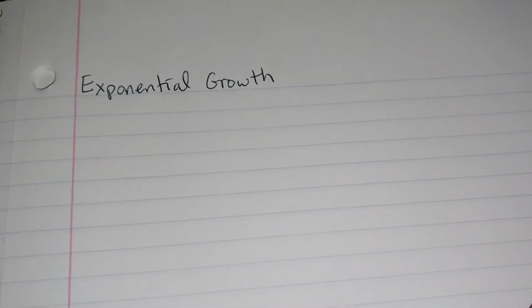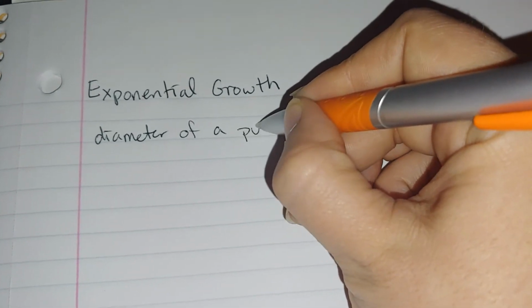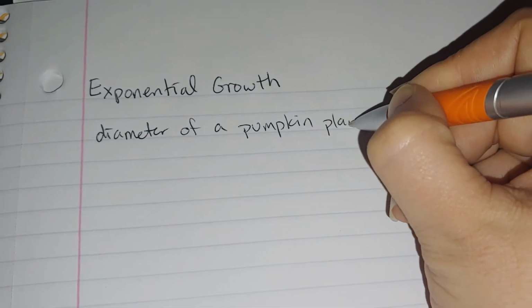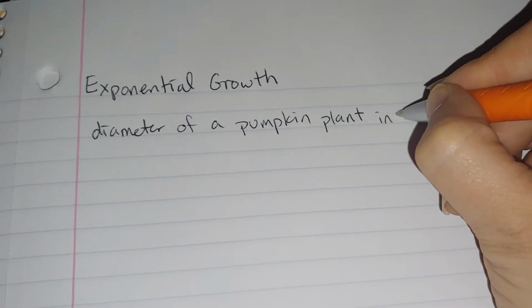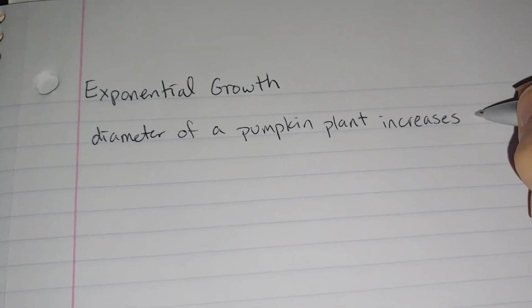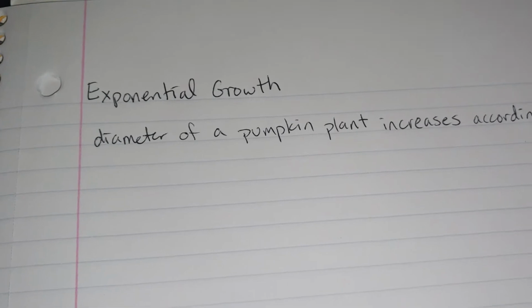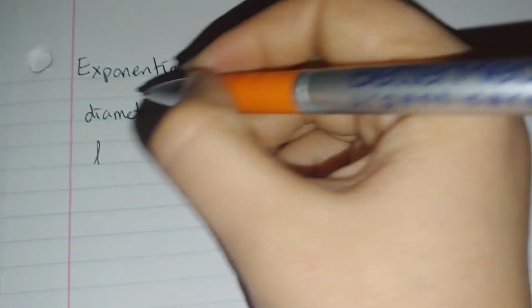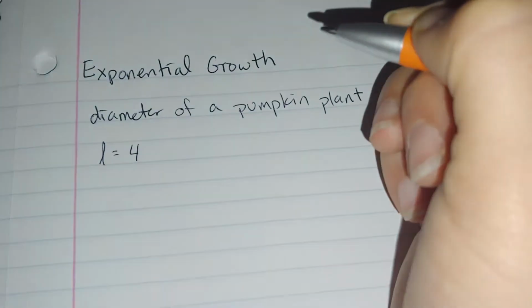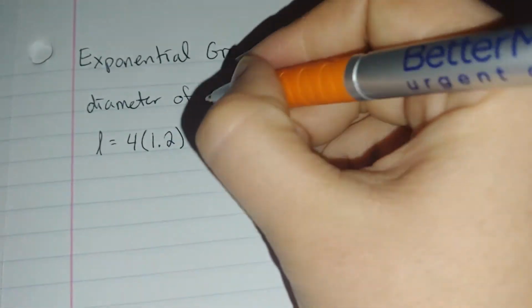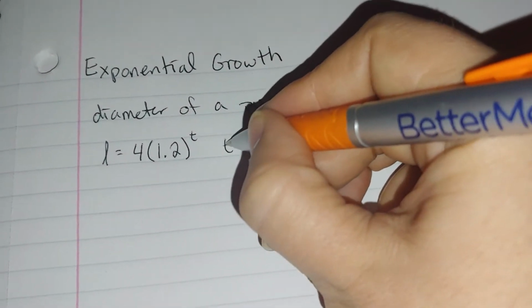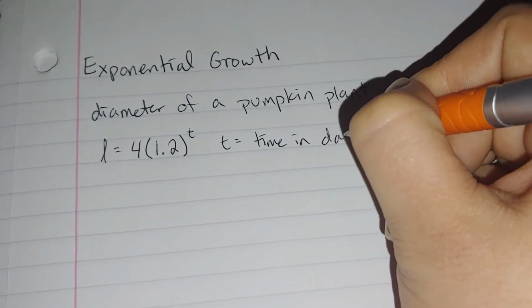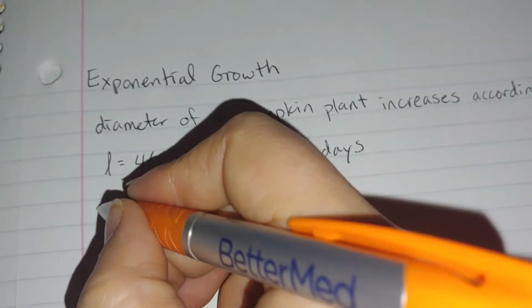For example, I might have the diameter of a pumpkin plant that increases according to the equation L equals 4 times 1.2 to the t, where t is time in days.